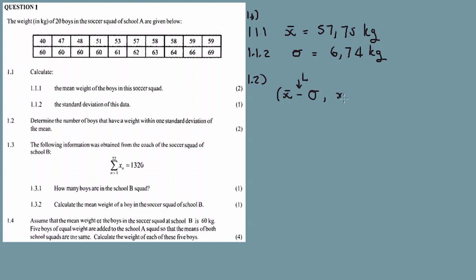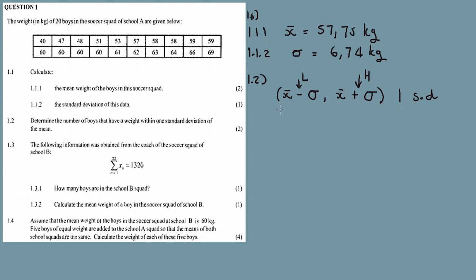Then x bar plus the standard deviation, which is the higher or upper limit, right? So this is what we call 1 standard deviation. We want to know how many boys are within 1 standard deviation, so we have to calculate the limits, the lower and the upper one.